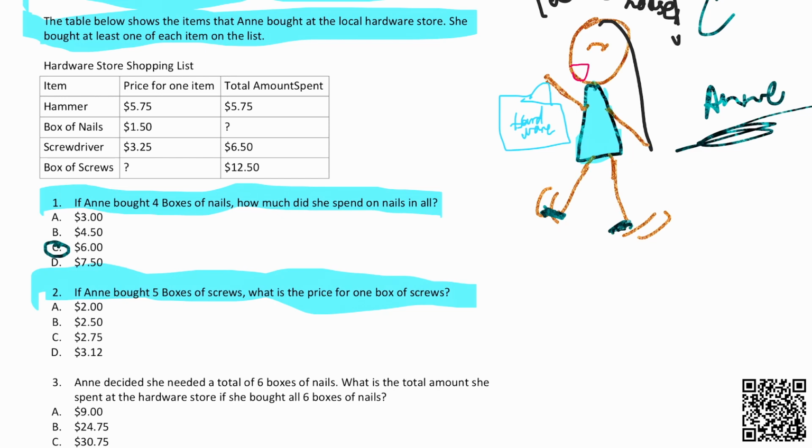And if 100 is 4 times 25, then 125 is 25 more than 100, so 5 times 25 equals 125. If 125 is 5 times 25, and she bought 5 boxes, that means the price for 1 box of screws is 2.50.